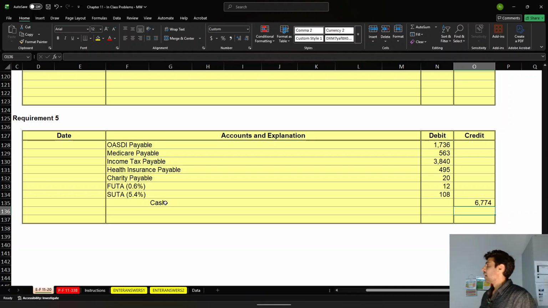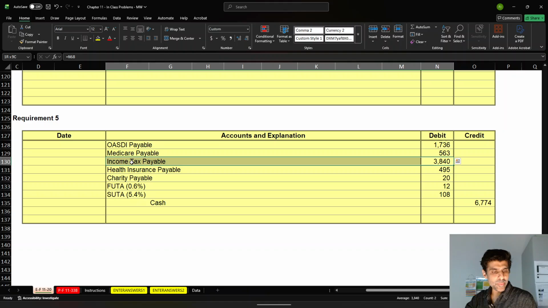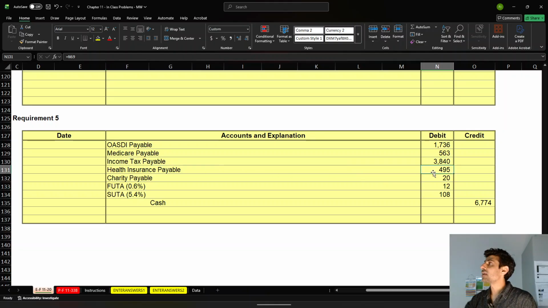Okay. Now remember, all of these are different checks, right? OSDI and Medicare is going to go, one check is going to be for the sum of these, which is 2,299. That's going to go to the Social Security Administration. Income tax payable, that's going to go to the IRS. That's going to be a separate check. Health insurance payable, this is going to be a check to Blue Shield, whoever.